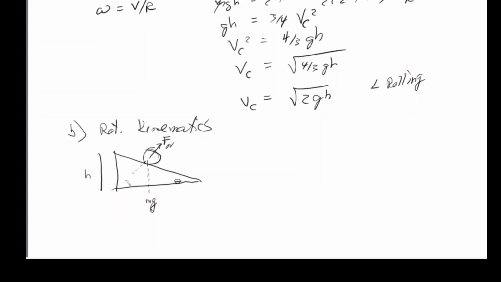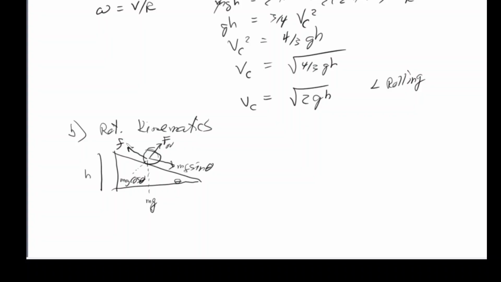in the direction of the normal force, which is mg cosine theta. We have the force of the weight moving it down the ramp, which is mg sine theta. And we also have a force of friction going up the ramp.